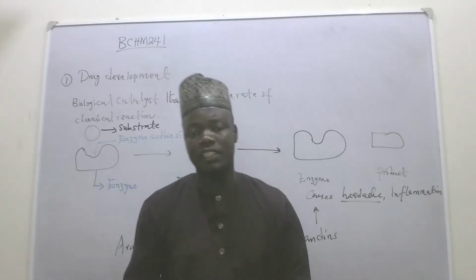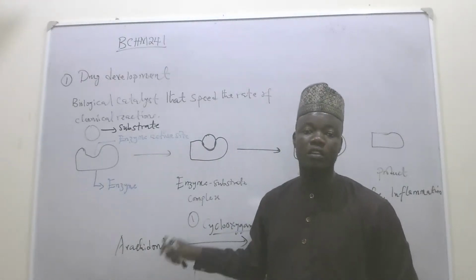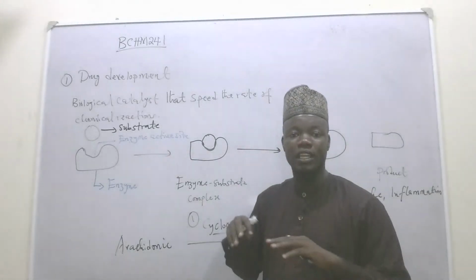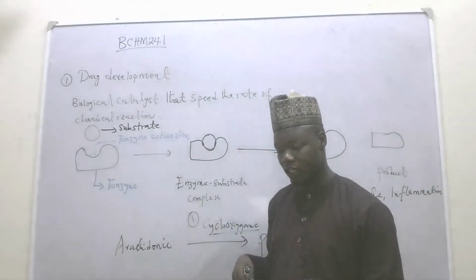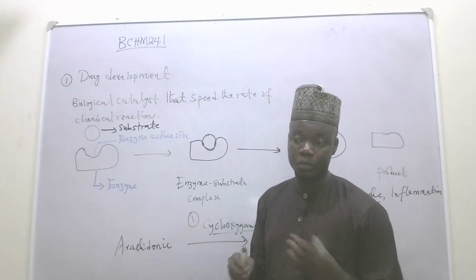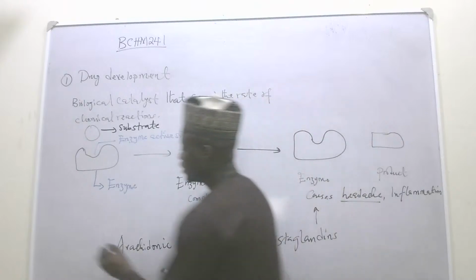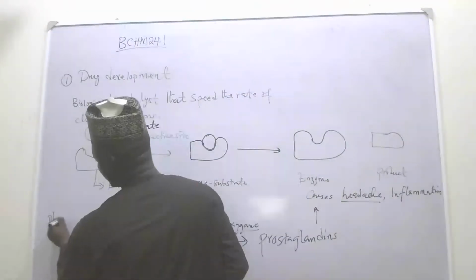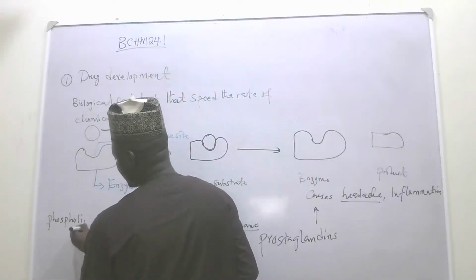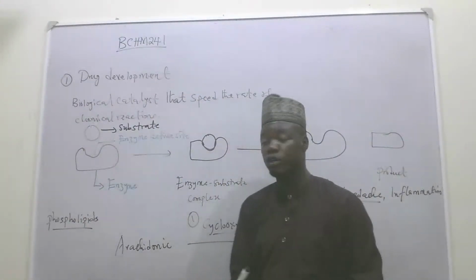Arachidonic acid is found in the cell membrane. Our cell membrane is highly rich with phospholipids.